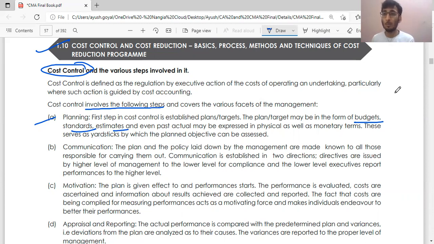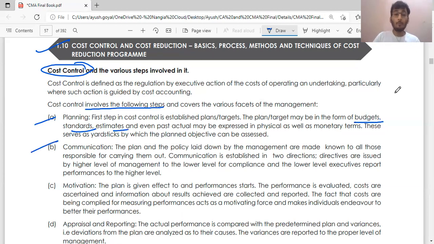This is the maximum cost which we can incur. If we are going beyond that, we need to follow cost reduction. This is a standard set by us. So the first step of cost control is to make the plan and set up the target cost.